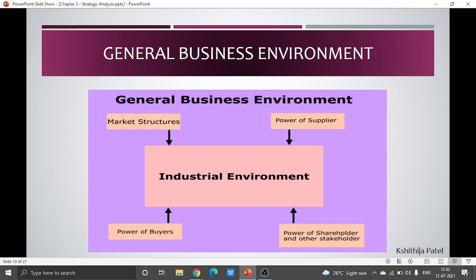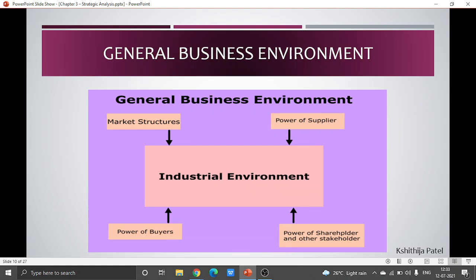If switching cost, that is the cost associated with switching to a substitute product, is low, there is high risk of rivalry with the substitute product. However, if switching cost is high, then it prevents consumers from switching over to the substitute product, thereby decreasing the risk of rivalry with the substitute product.